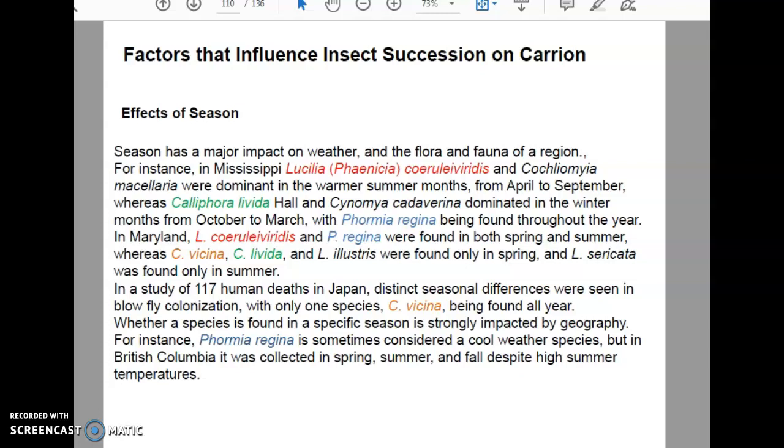For instance, in Mississippi, one particular type of fly is more dominant in warmer summer months from April to September, while another type is more dominant in the winter months. And some are found throughout the year. In a study of 117 human deaths in Japan, distinct seasonal differences were seen in blowfly colonization, with only one species, C. vicina, being found all year.